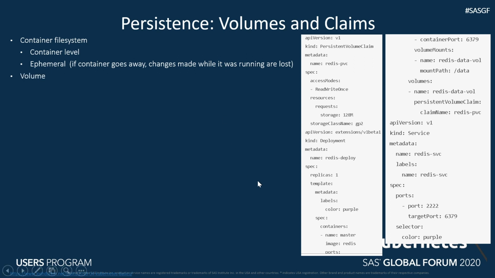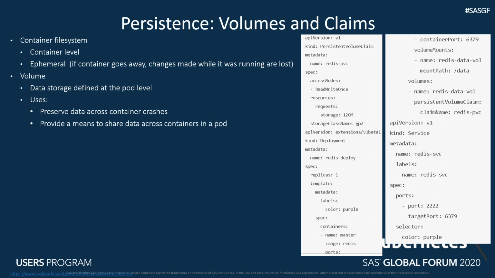Another approach is to store it as a separate volume, a volume defined within the pod-level storage. That's great: if the container goes away, we still have the information stored within the pod. But if the pod goes away, then we lose the information, since deletion of the pod deletes the volume. So we really want to store the information somewhere outside of the pod, outside of the container.